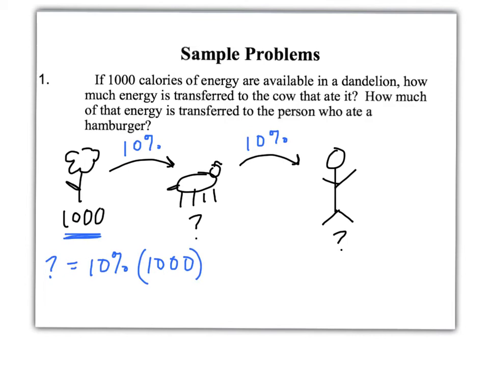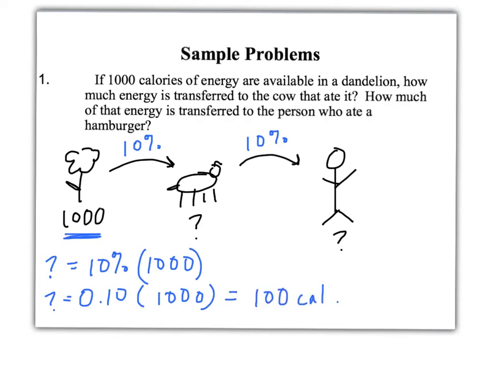So we're solving for this unknown by taking 10%, which remember we can write as a decimal, times 1,000. So there's our equation. When you put that into your calculator, you get 100 calories.